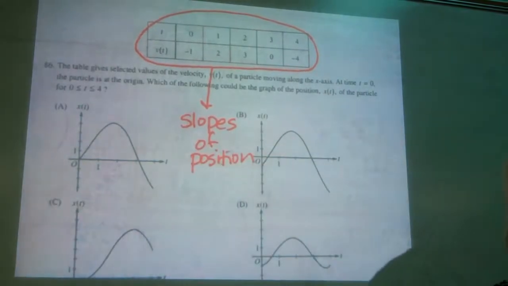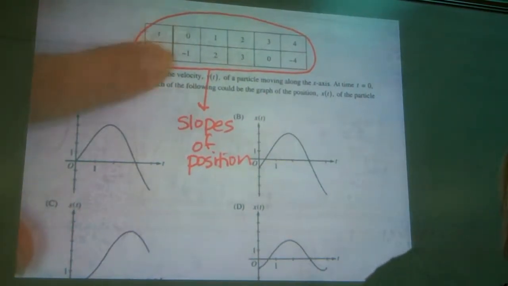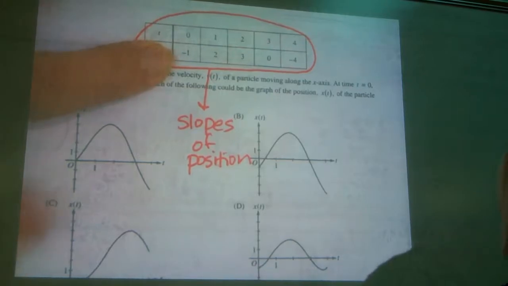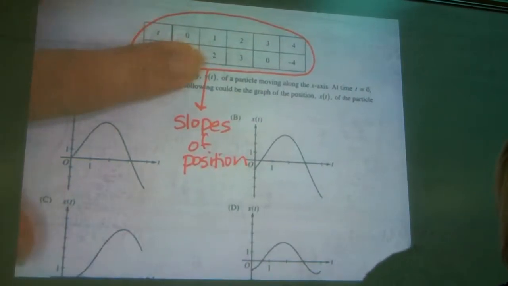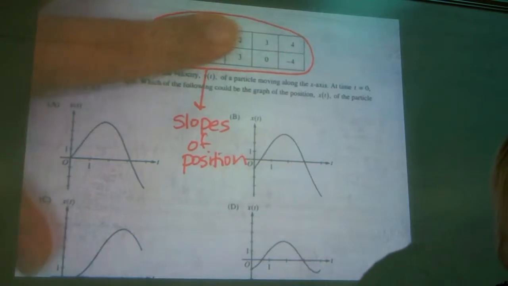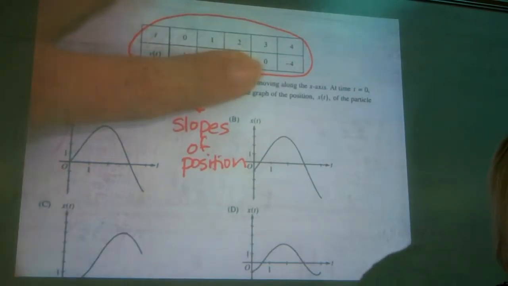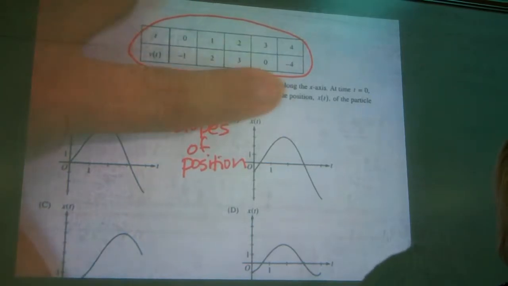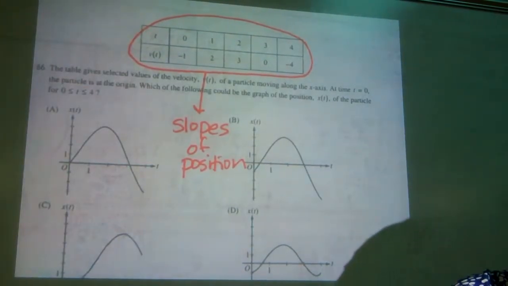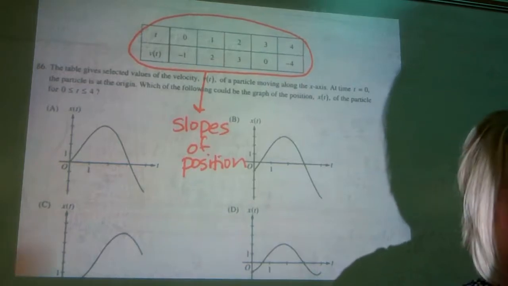So we're looking for a graph that at 0 has a slope of negative 1, at 1 has a slope of positive 2, at 2 has a slope of positive 3, at 3 has a slope of 0, and at 4 has a slope of negative 4. Well, the only one that fits that is C.